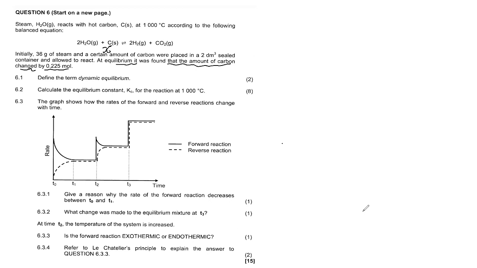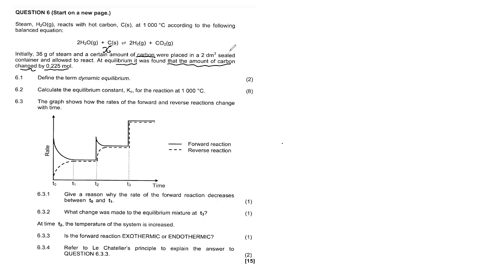So in order to find the number of moles at equilibrium, we need to take this certain amount of carbon, because we are talking about carbon, the solid, not the gas, and subtract 0.225 mole, and then we get the number of moles at equilibrium. So the 0.225 mole is supposed to go to the change block instead of the equilibrium block.